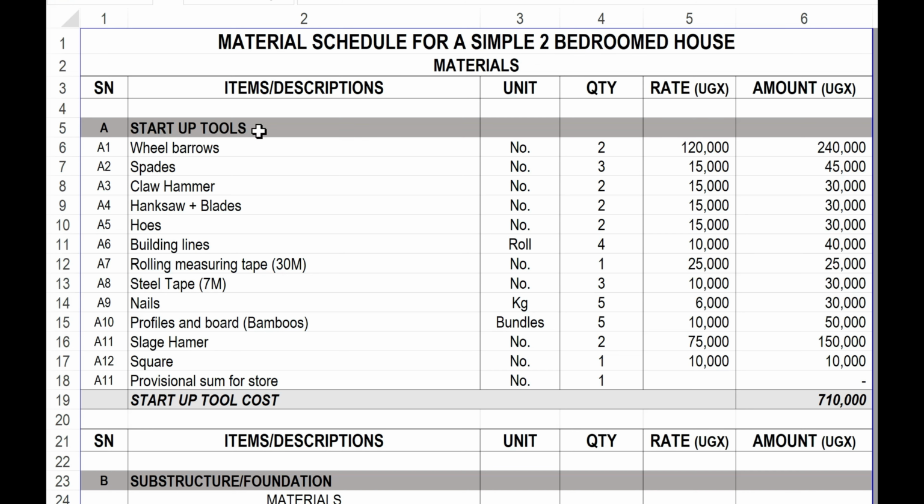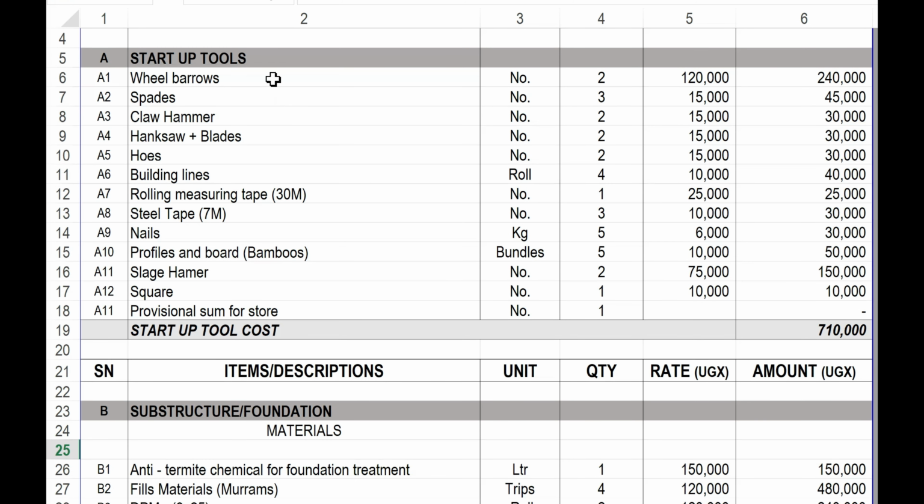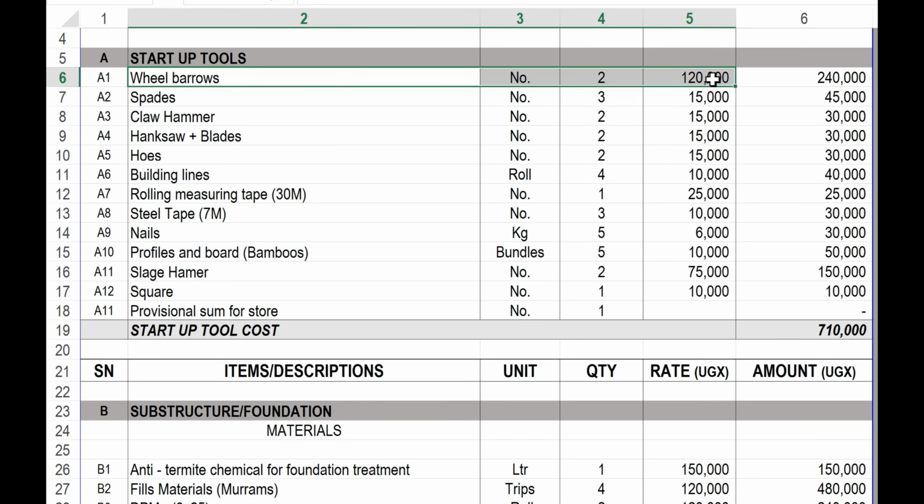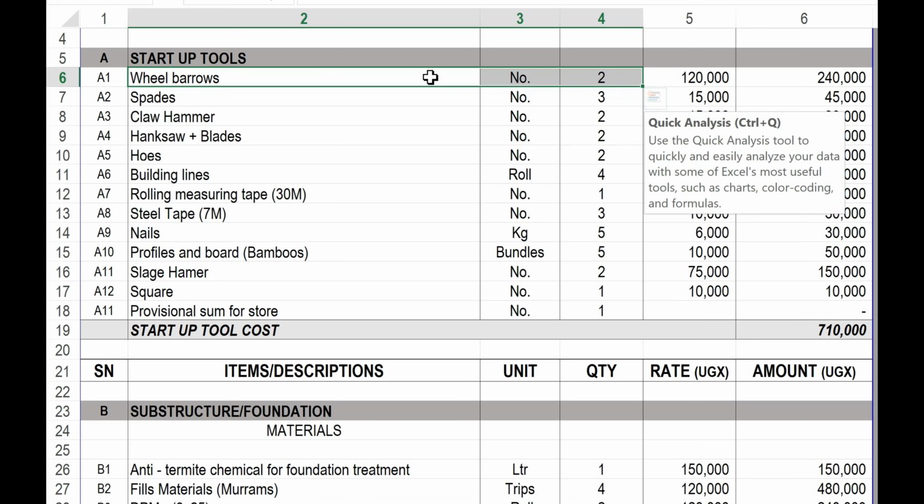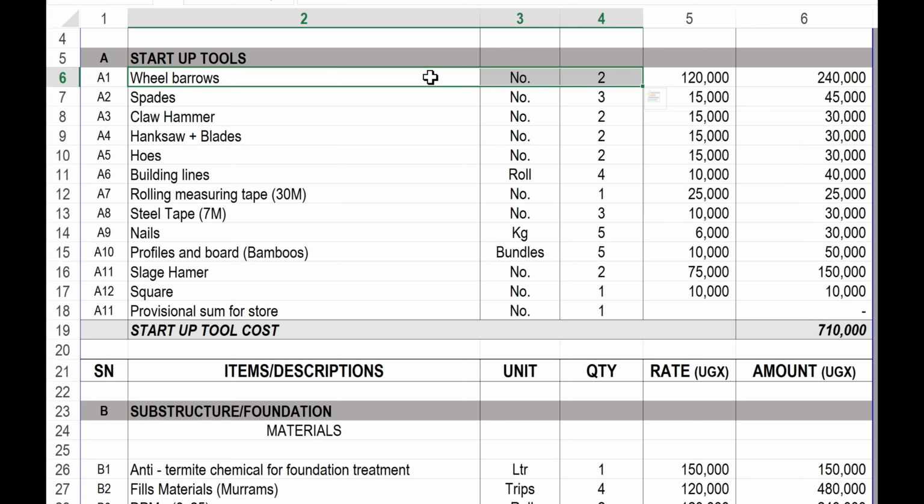So on the startup tools, we are going to need a wheelbarrow, and I think 2 wheelbarrows might be enough for us. At the time of recording, where I bought my materials, a wheelbarrow might cost you around 120,000, summing up to 240,000.